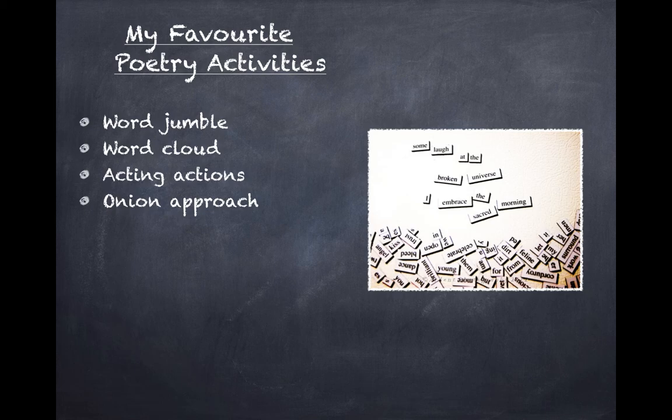So on the surface, we're going to have a look at the surface of it. Perhaps you can decide what the layers mean to your class, but the way I often approach it is that the top surface is the story of the poem, and then the layer beneath is picking out some of the poetic devices that are appearing in the poem and just noting them down. You can do this as a visual diagram as well, so actually have a diagram of an onion and get them to write these in.